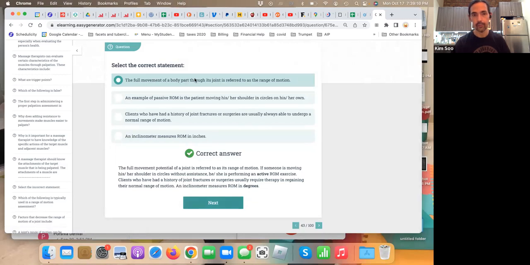Here, the full movement of a body part through its joint is referred to as the range of motion. The full movement of a body part, so that's the forearm in this case, in the case of the elbow. The movement of the forearm through its joint. This movement is accomplished through the elbow joint. Range of motion is the movement of a body part, forearm, through its joint.